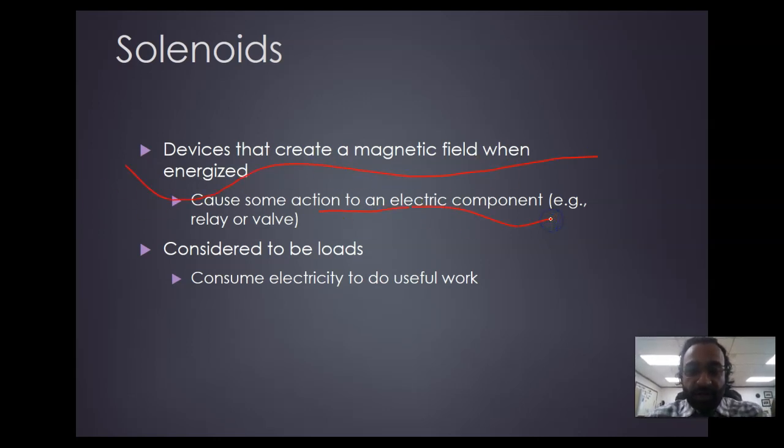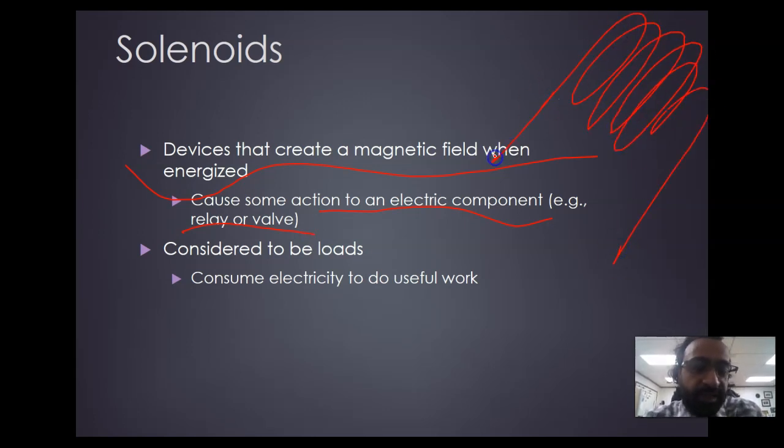They cause some action to an electric component, for example a relay or valve. So we'll work with some solenoids, and if you understand, a solenoid basically is a winding, and we said whenever you run current through a coil, two things happen. We said it heats up, and second, it will generate a magnetic field.